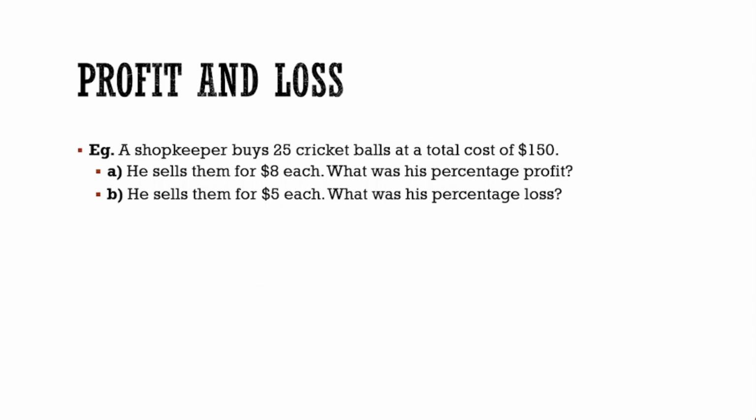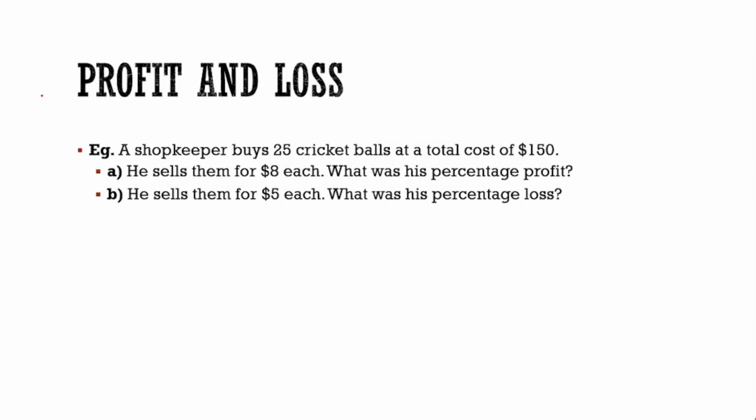So let's take the first example. A shopkeeper buys 25 cricket balls at a total cost of $150. He sells them for $8 each in part A, and we are asked to determine what his percentage profit was. So when you're doing a math question, the first thing that you do is write out the information that you have.